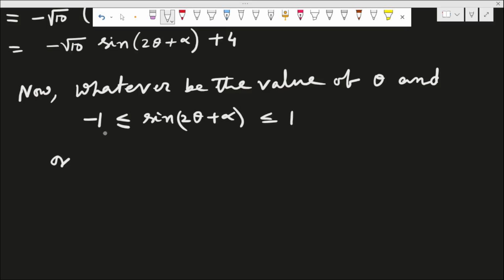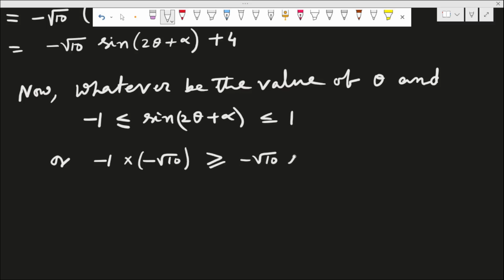Multiplying each term by minus root 10, so minus 1 becomes minus root 10, and as per the rule the inequality will be changed.